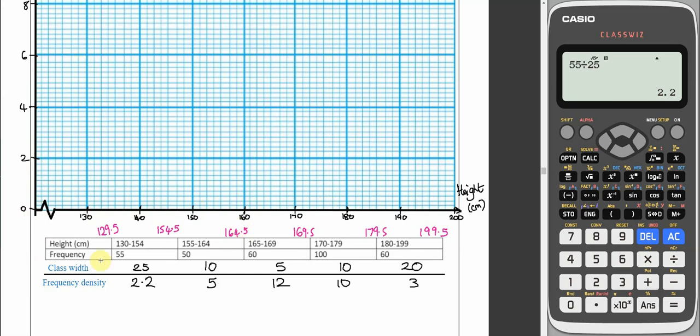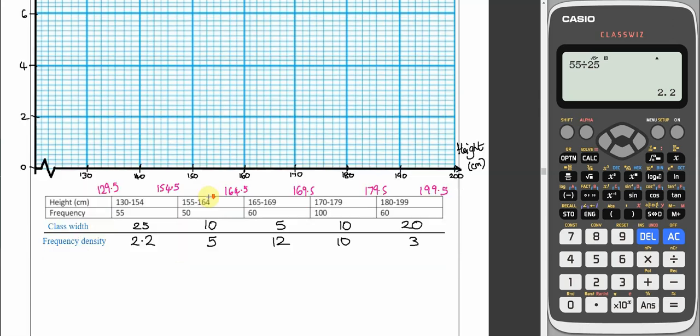So now I'm going to draw all of the bars on the histogram, being careful to draw them at the boundaries of each class. So this first bar will start at 129.5 and finish at 154.5. Now I know you're going to struggle because of this awful horizontal scale where each little square unfortunately isn't worth 1 here.